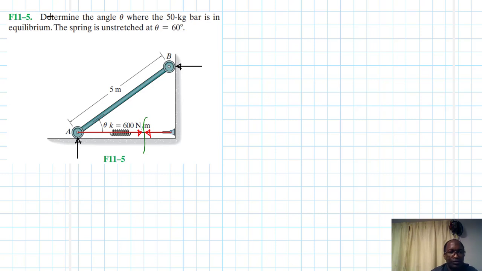And then we also have the weight of this particular bar, which we are going to label W, and is acting at the centroid of this particular bar, which is just the mid span, at 2.5. Let me just indicate that at 2.5.